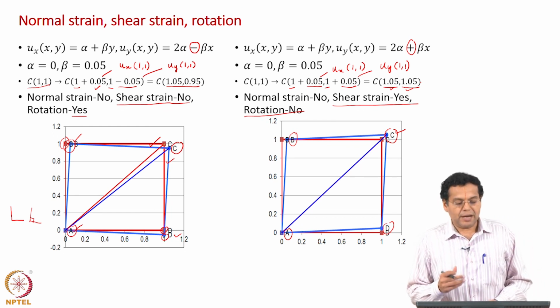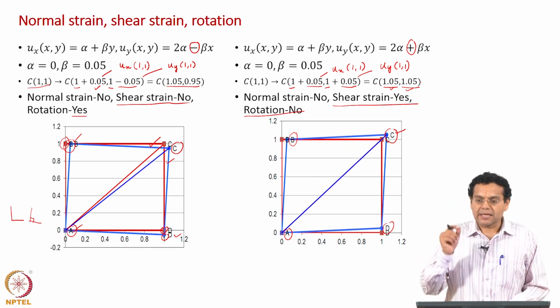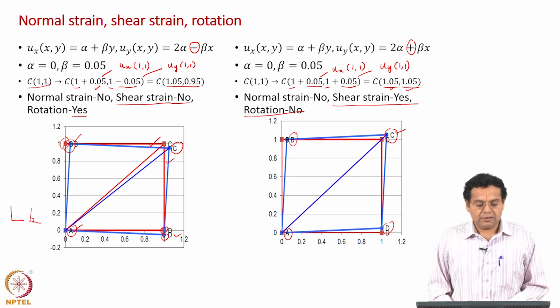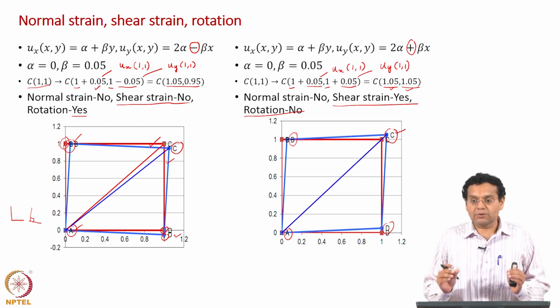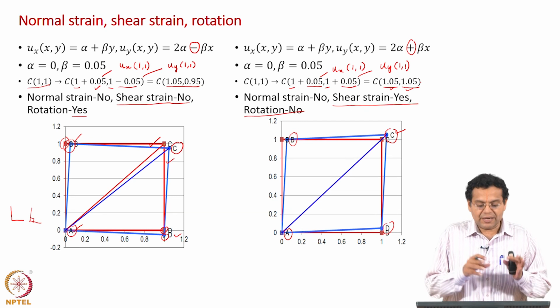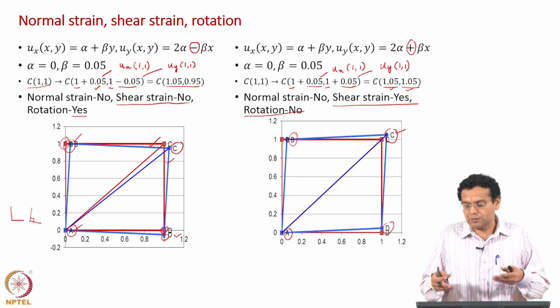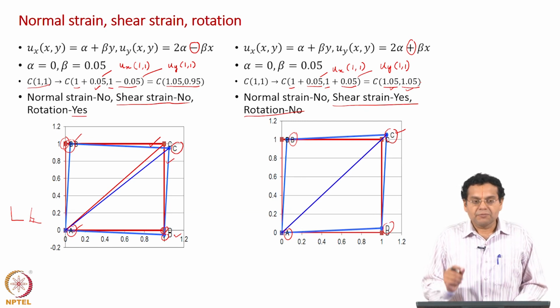Now, going back to the objective, what did we say? Given a displacement field, we should be able to tell about normal strain, shear strain and rotation. That is what we have done, we talked about translation also. What we have done is qualitatively, by demonstration, finding out coordinates, looking at the figure, etc. We are going to do this quantitatively, that is our objective.